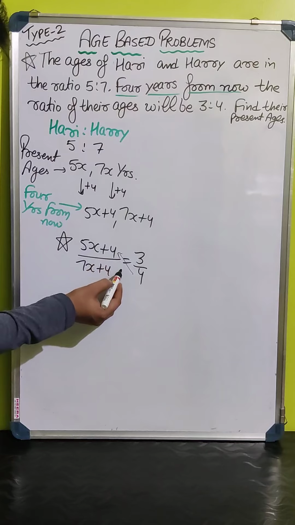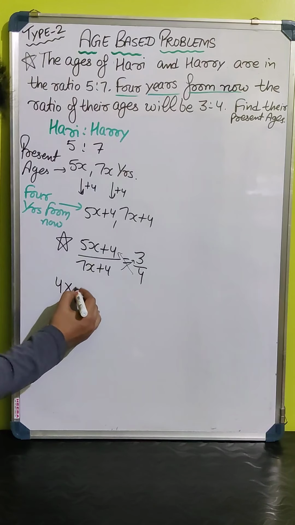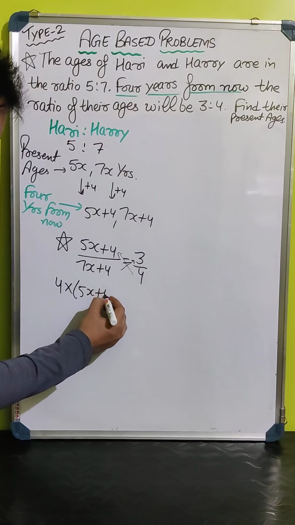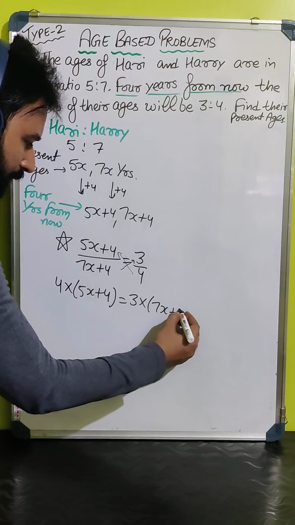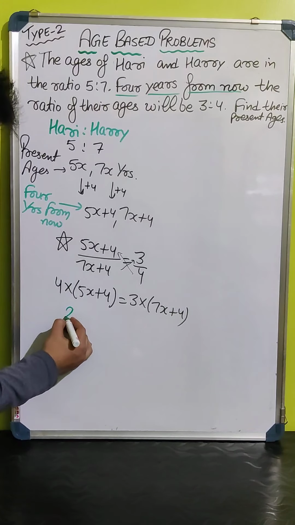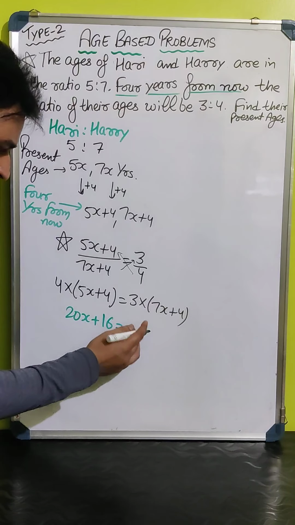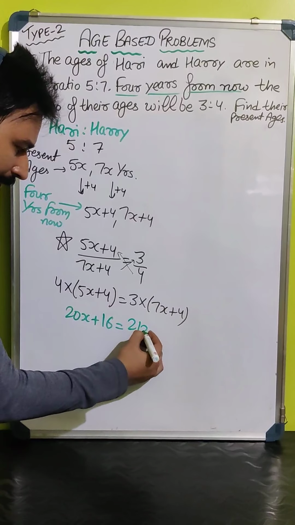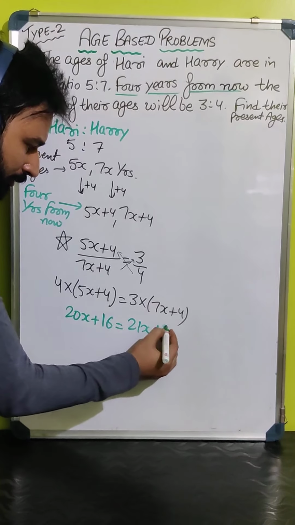When you cross multiply, first I will write 4 into 5x plus 4, equals 3 into 7x plus 4. Okay. Now multiply the numbers. 4 5s are 20x, 4 4s are 16, 3 7s are 21x, 3 4s are 12.